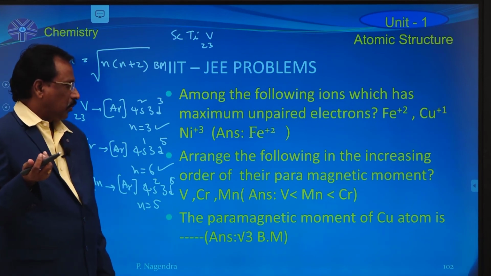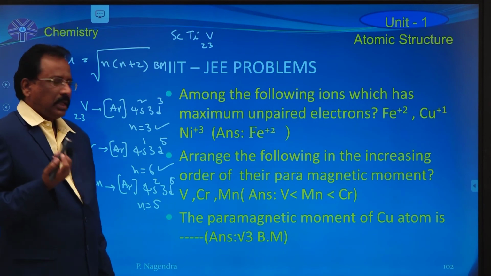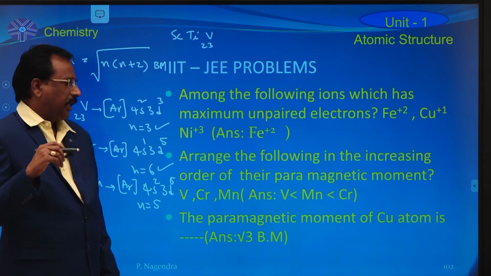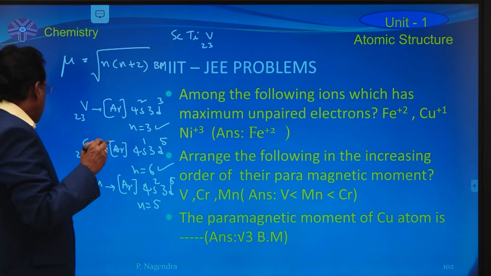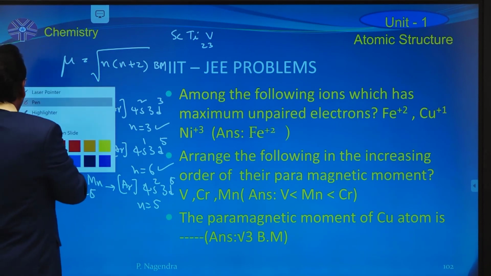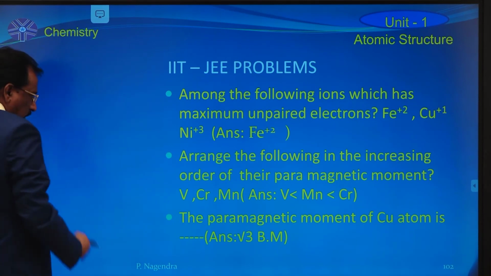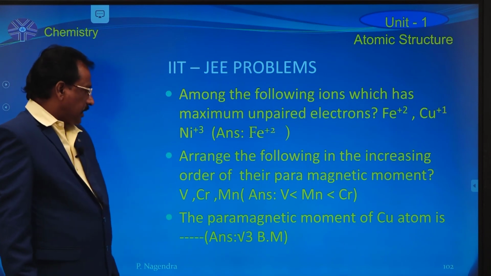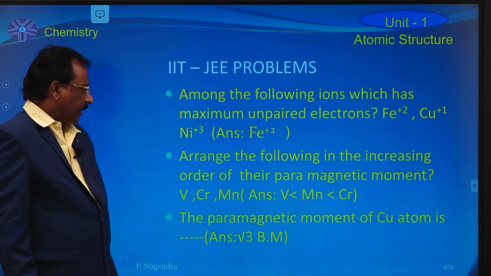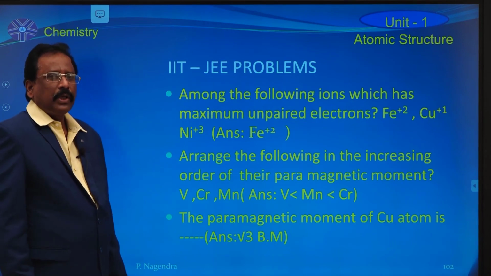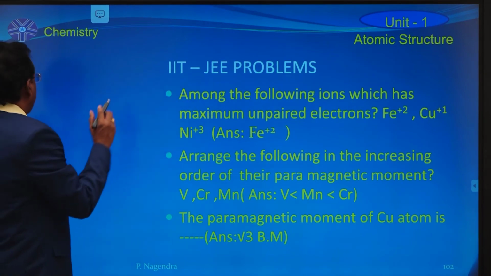That's why chromium shows more paramagnetic property when compared to vanadium and manganese.